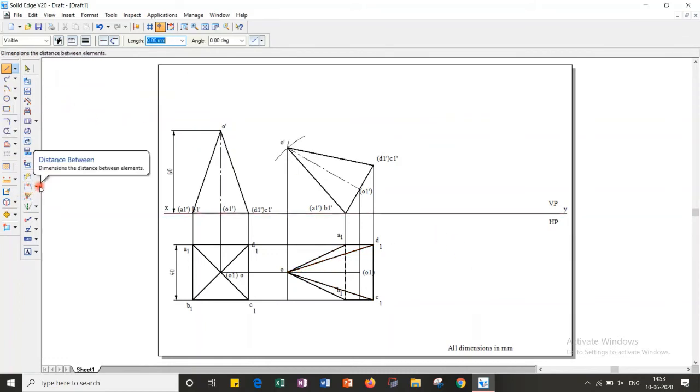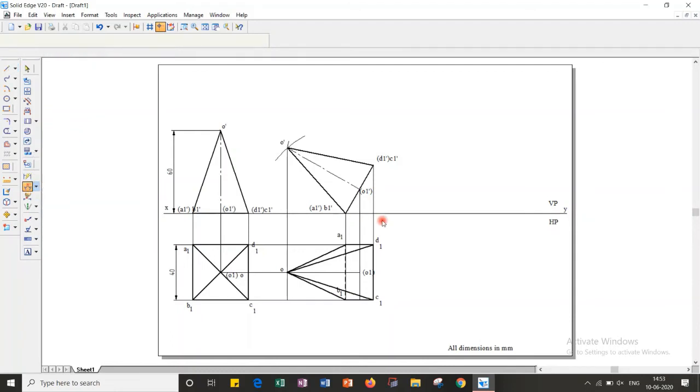Indicate the angle also. According to the given question, the axis is making 30 degree. So mark 30 degree here. If the axis is making 30 degree, then this base will be making 90 minus 30, 60 degree.